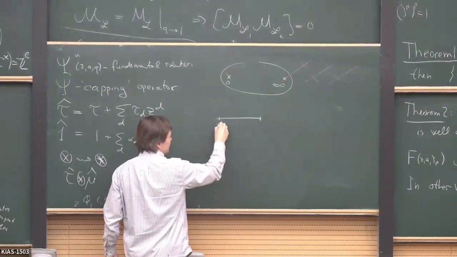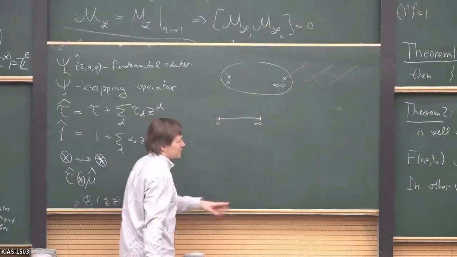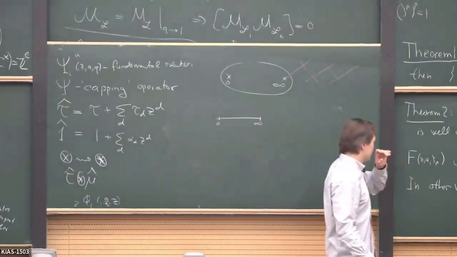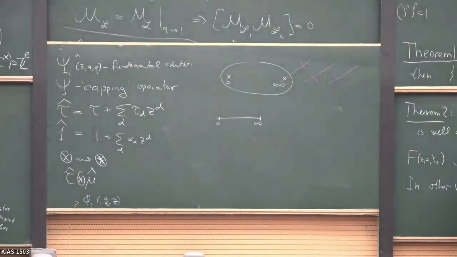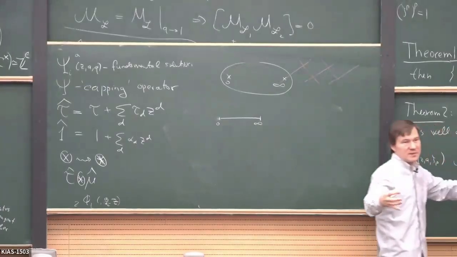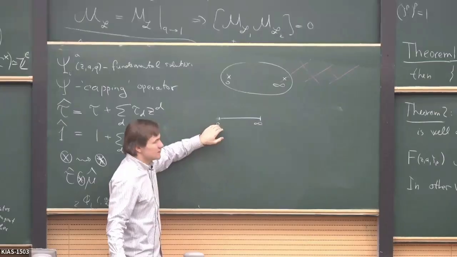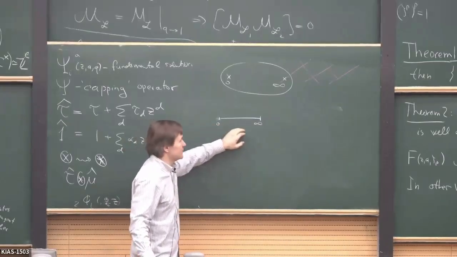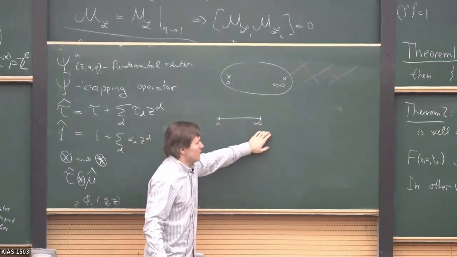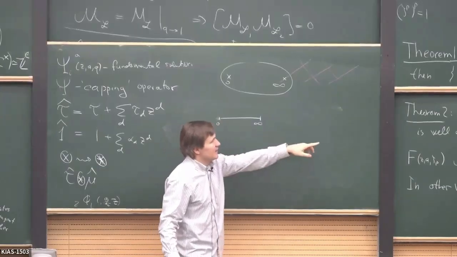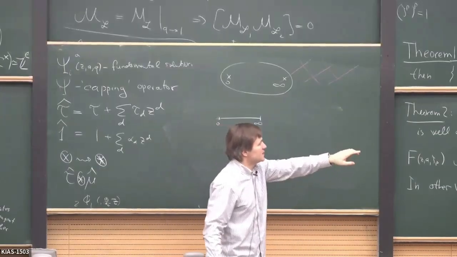I told you that psi is the partition function when you have non-singular conditions on one side and then relative conditions on the other side. And then there's a psi inverse, but it's a bit different.